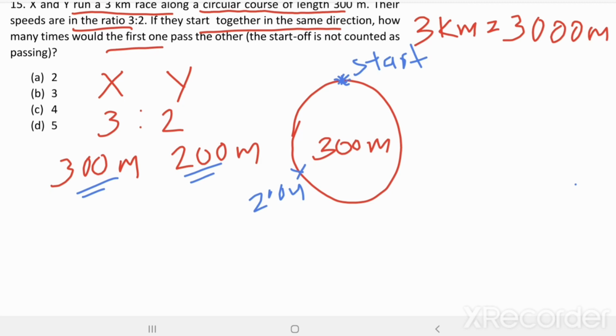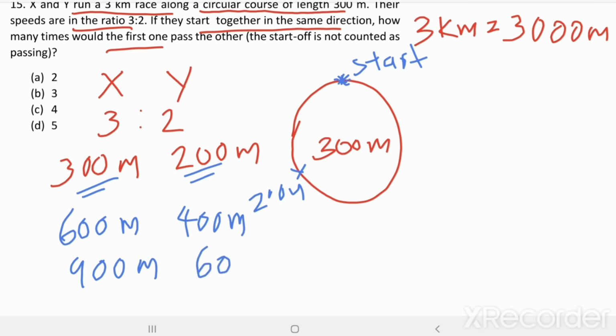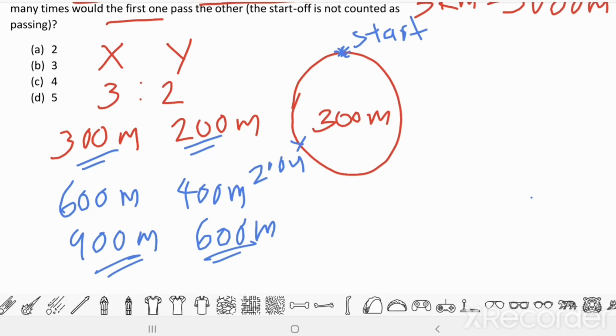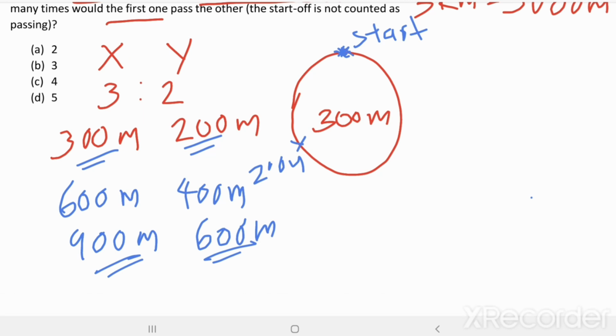Then when X completes 600 meter, Y completes 400 meter. When X completes 900 meter, Y completes 600 meter. That means when X completes 3 rotations, Y completes 2 rotations. That means both of them meet at the starting point.